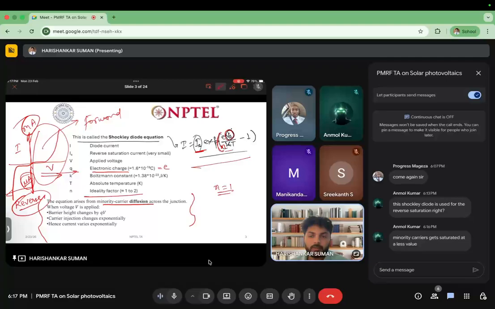So minority charge carriers transferred from one side to another are huge as compared to reverse. So here is the applied condition. Barrier height will get less or get high. In reverse condition, barrier height will rise, while in forward barrier height will lower.